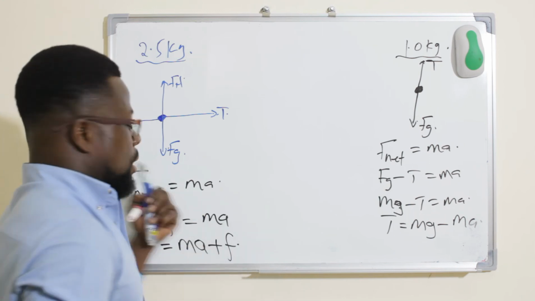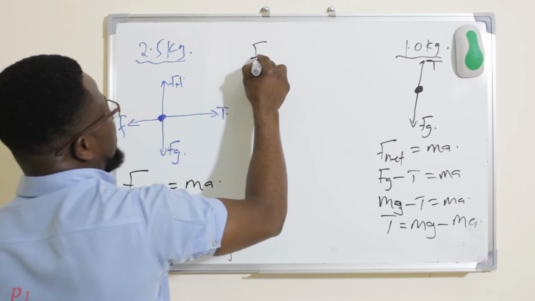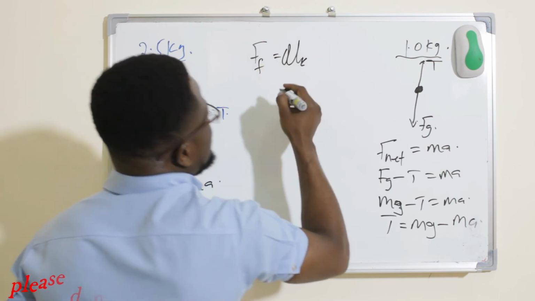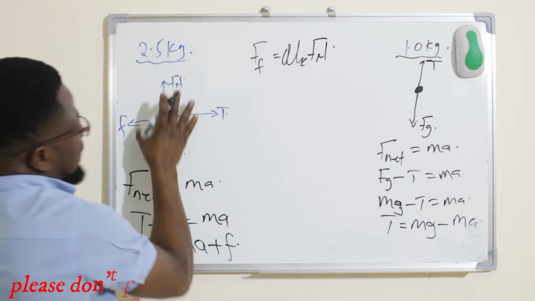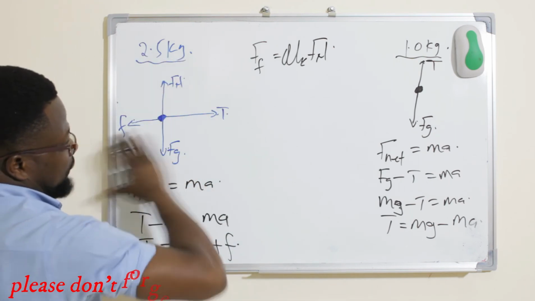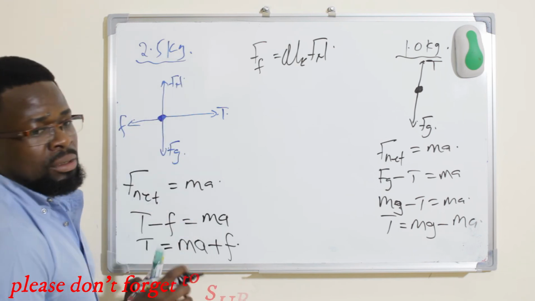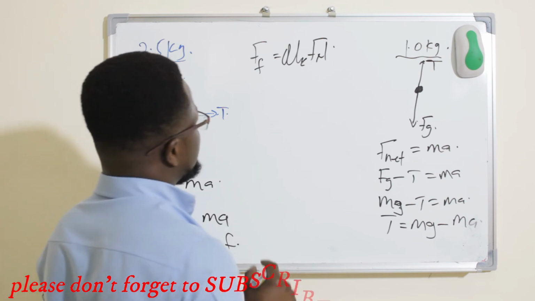Okay, friction. On the other side, friction is simply the coefficient of kinetic friction times the normal. And this is on a plane table, a flat table, so the normal is always equal to the weight. We learned that earlier in the first video.